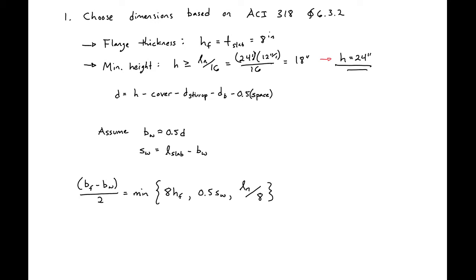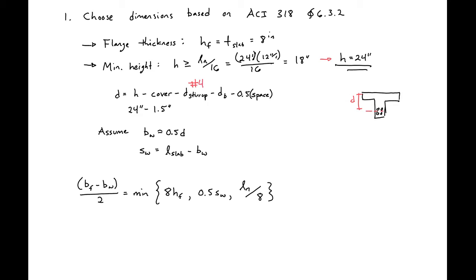So then we can find the depth of our steel. We're going to assume that we have a T-beam with 2 layers of steel in the bottom. So the depth is to the centroid of these 2 layers. So our depth is going to be h, which we just found to be 24 inches, minus our cover, which is 1.5 inches for interior exposure. We're going to assume that we have number 4 stirrups.